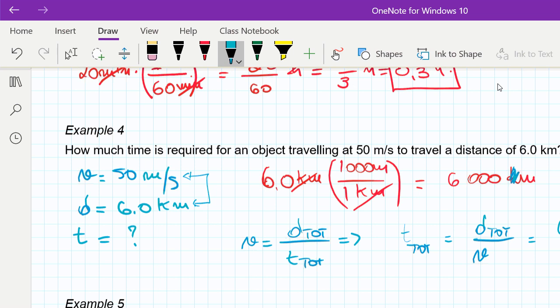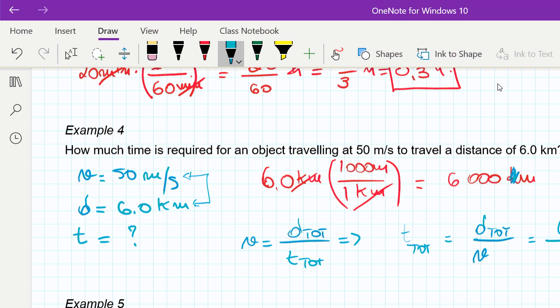So then we'll go 6,000 meters over 50 meters per second. And as you see here, meters and meters cancel out. And then we are left with 6,000 divided by 50. It is 120. And look at the units now, guys.